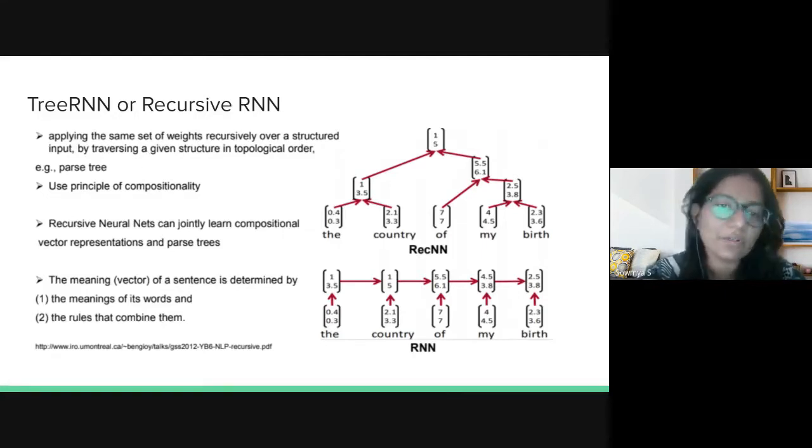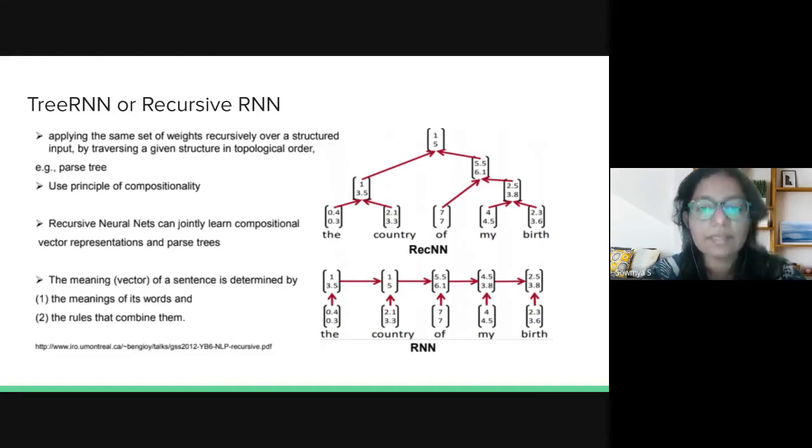Now the tree NN or recursive RNN is very interesting because it addresses a fundamental structural problem, which is that our neural networks are not interpretable, or they are not mapping functions of text as such. We have embeddings, which are very useful and have nice properties, but we have not addressed the property of compositionality.